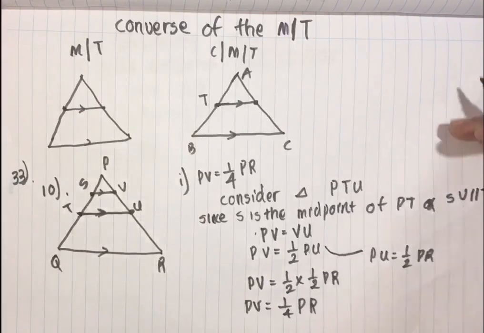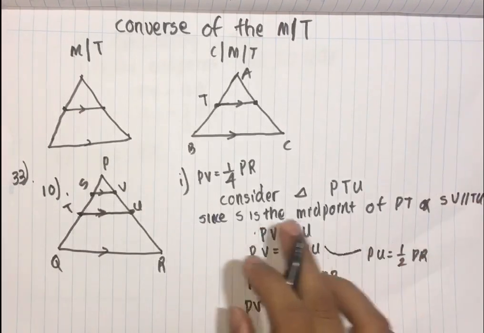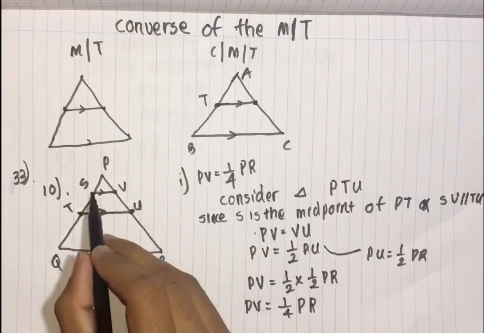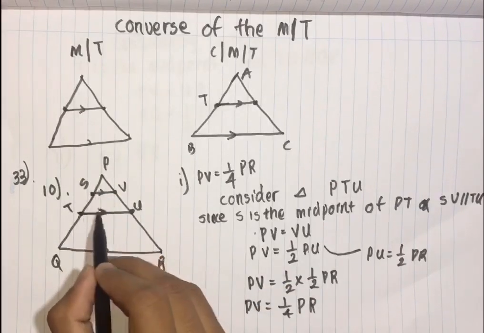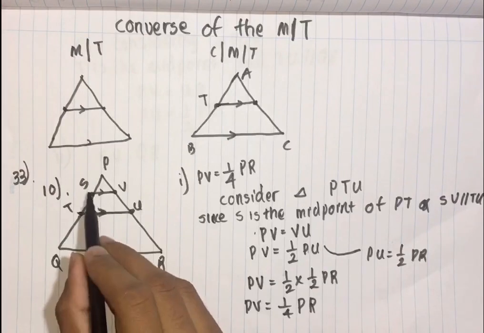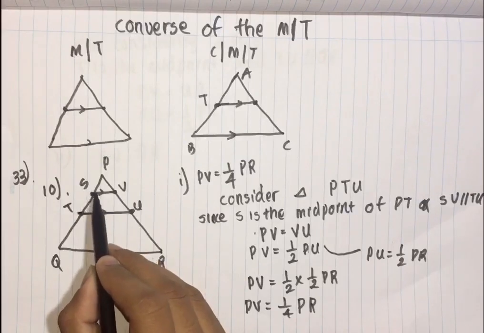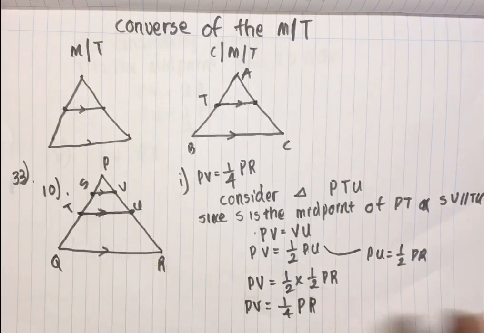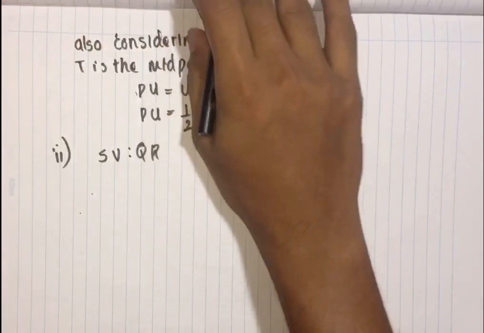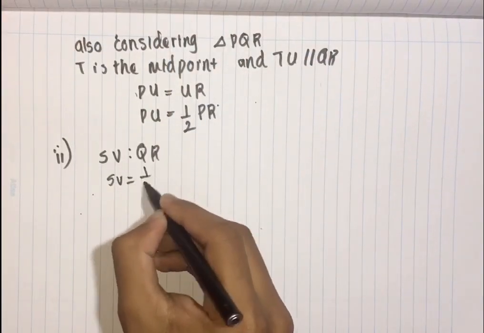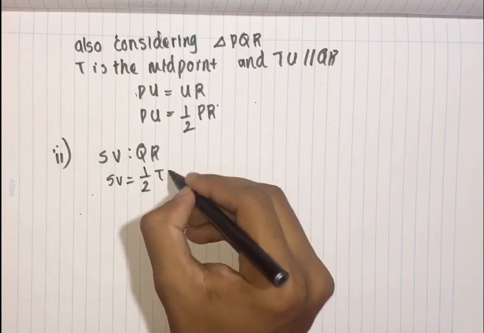Now write sentences like you used here. Considering this triangle, since this is the midpoint and it is parallel to the third side, using the converse of the midpoint theorem, this length is equal to half the length of TU. Therefore, at first I will write SV is equal to half the length of TU.